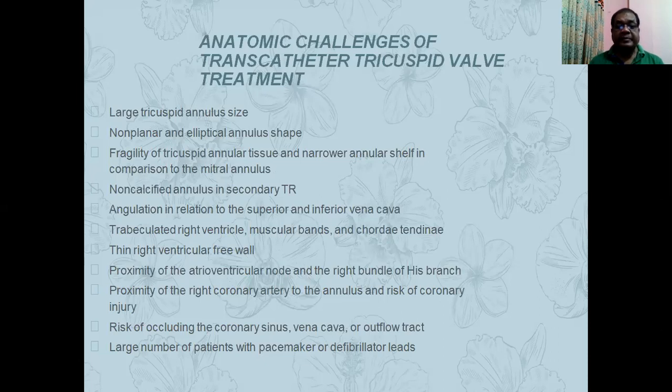There are some peculiarities or anatomical challenges that make it less suitable for transcatheter tricuspid valve treatment. The tricuspid valve annulus is very large. There is a non-planar or elliptical annular shape. The annular tissue is very fragile and thinned out, and there is a narrower annular shelf in comparison to the mitral annulus.